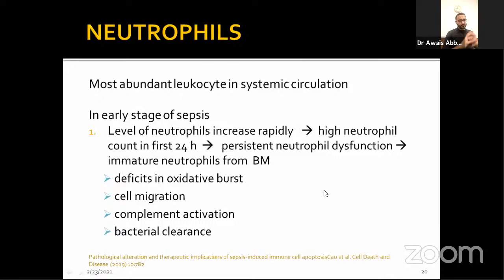We also encounter a persistent neutrophil dysfunction, and this dysfunction triggers the release of immature neutrophils from the bone marrow. When immature neutrophils flood from the bone marrow into the systemic circulation, we then have deficits in the oxidative burst, deficits in cell migration, deficits in complement activation, and obviously deficits in bacterial clearance as well.